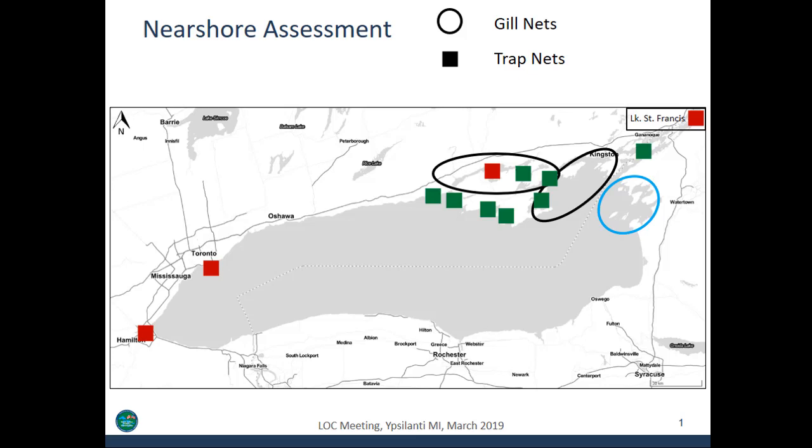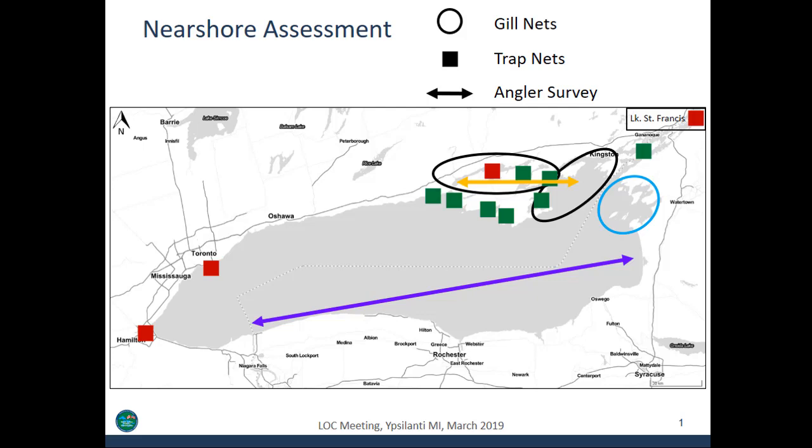Our trap nets are done on the Ontario side of Lake Ontario. This is a standard trap netting program that's used across the province of Ontario. We use them in nearshore embayments of Lake Ontario, some of which are areas of concern, noted in red, and others in green that are other embayments we're interested in. We also have angler surveys which we pull on for information.